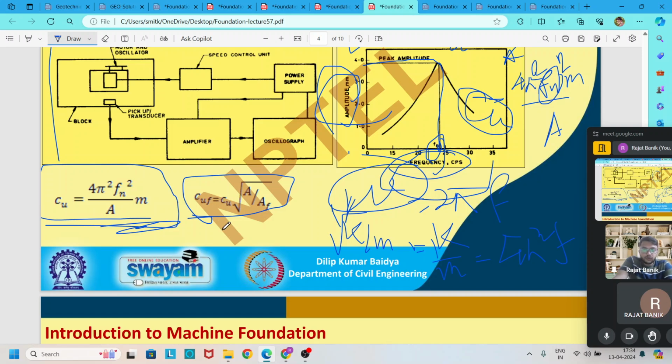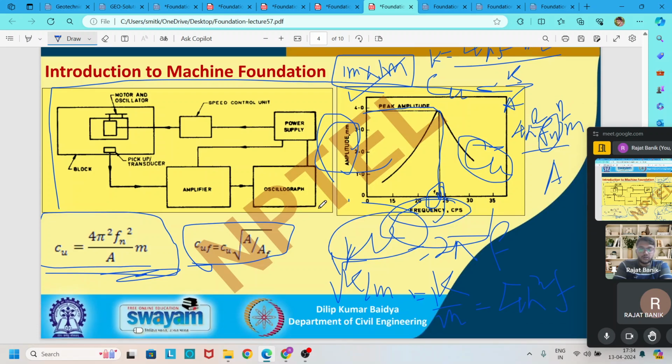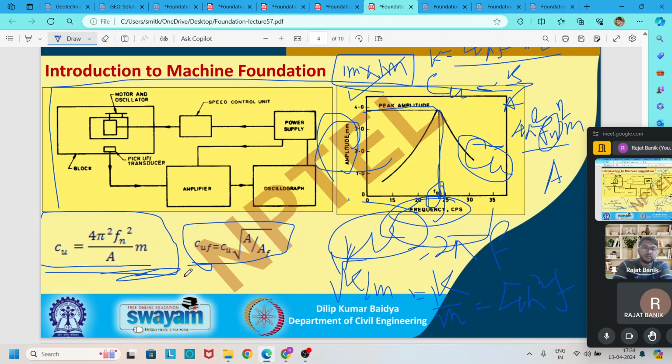But if we use this for different types of foundation size, because in real life the foundation may be bigger than 1 meter by 1 meter, we modify this equation by a coefficient root over A by Af, where A is our test foundation, 1 meter by 1 meter, and Cu is our test coefficient of compression index.